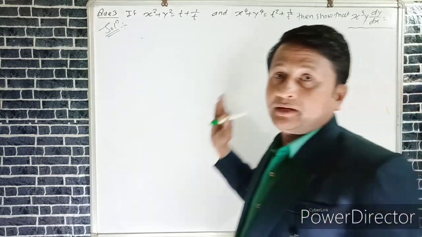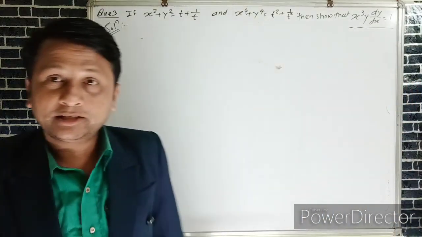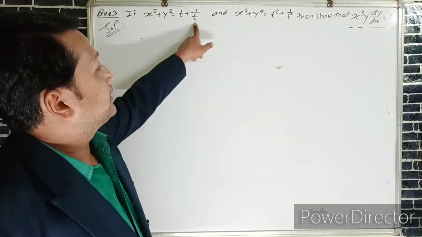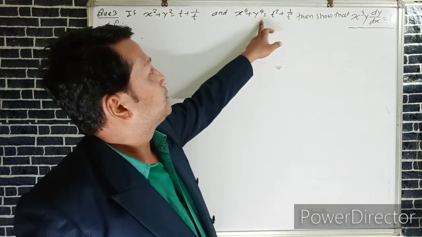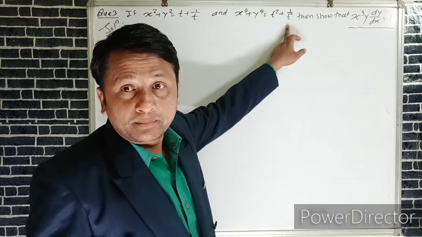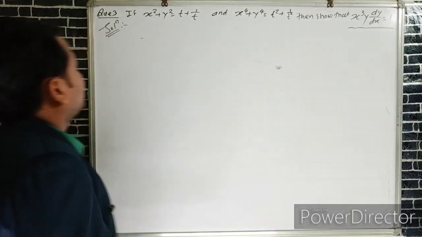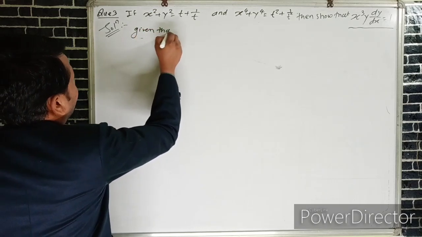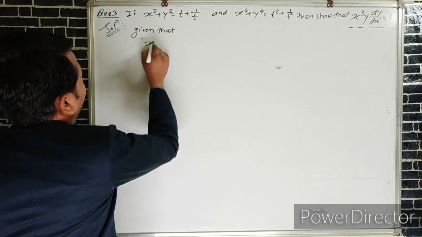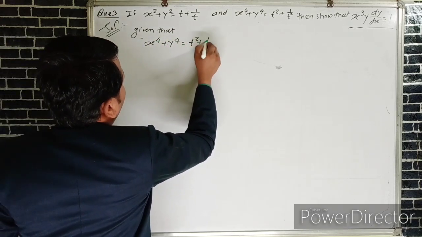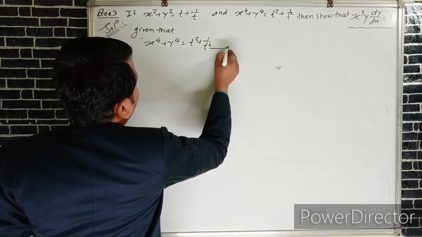If we have to find a derivative, which is dy by dx, then first we take a derivative with respect to parameter t. Now by the given condition, x raised to the power 4 plus y raised to the power 4 is equal to (t square plus 1) upon t square, which is equation number 1.